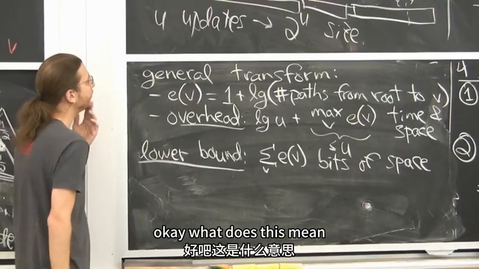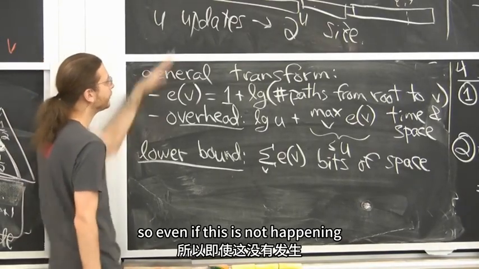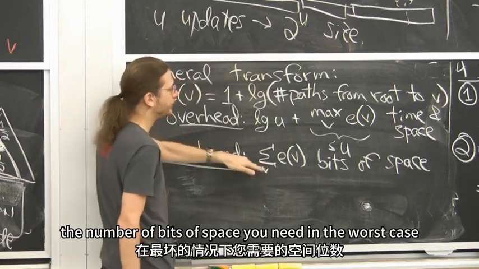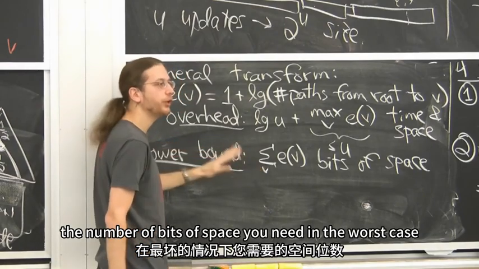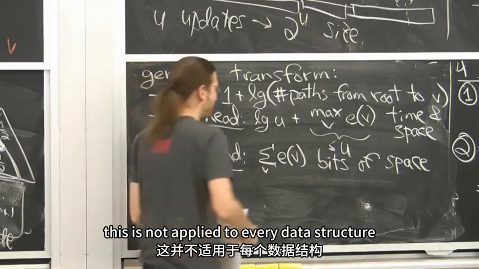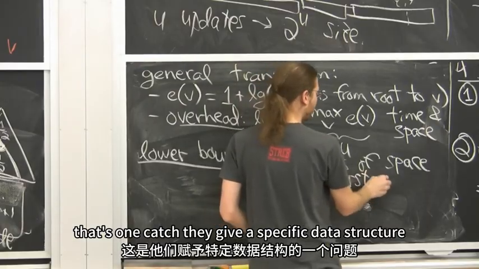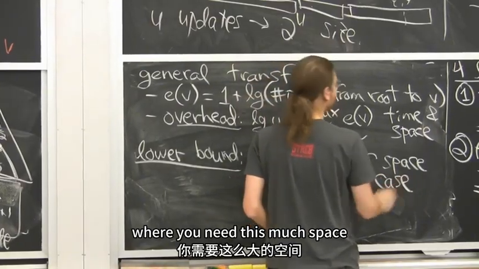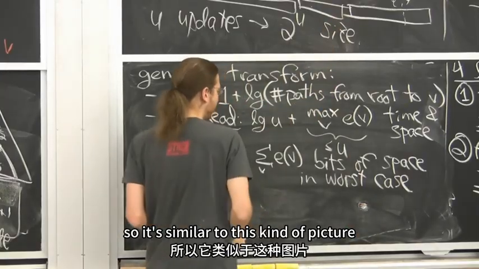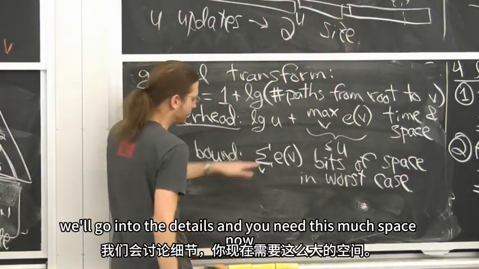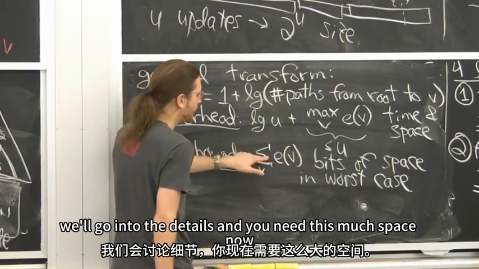Okay, what does this mean? So even if this is not happening, the number of bits of space you need, in the worst case, this does not apply to every data structure. That's one catch. They give a specific data structure where you need this much space. So it's similar to this kind of picture. Won't go into the details. And you need this much space.